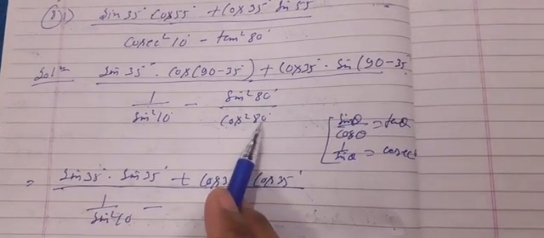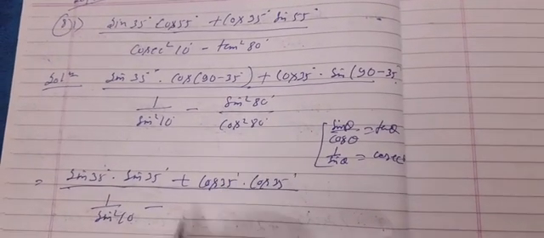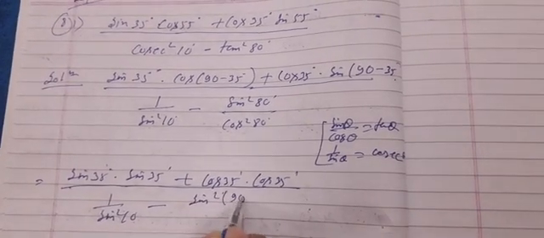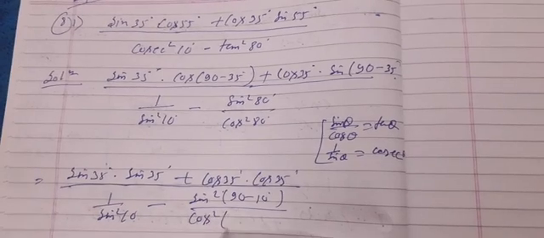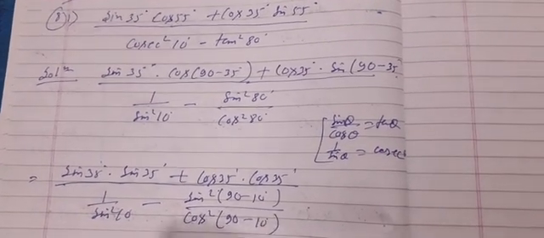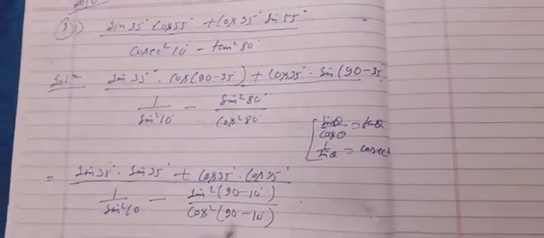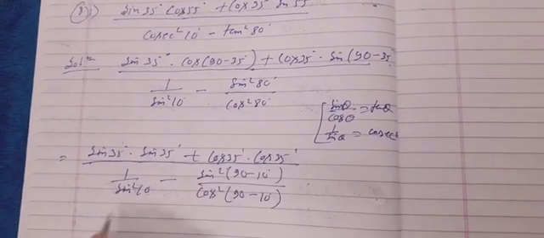So we will do one thing, we will change into 10 degree. I will write sine square 90 minus 10 degree, and here cos square 90 minus 10 degree, because we have to change the numbers in that way so the degrees will be the same. Still it is 10 degree and here is 80 degree.